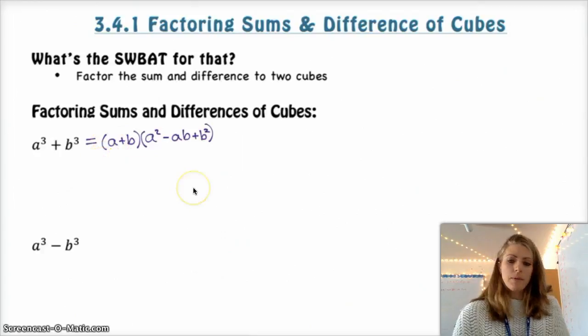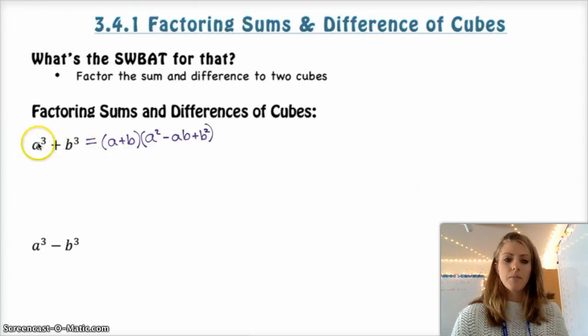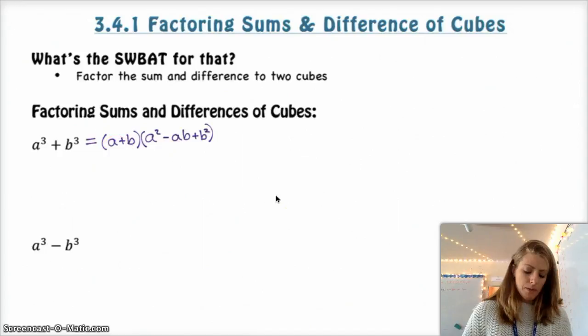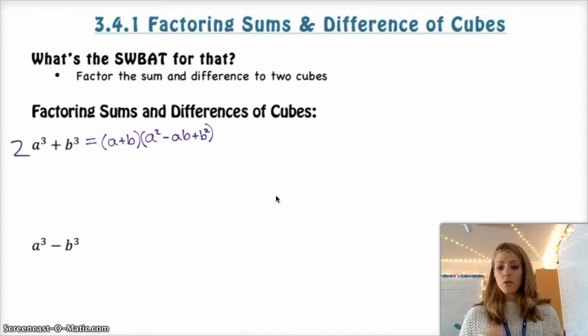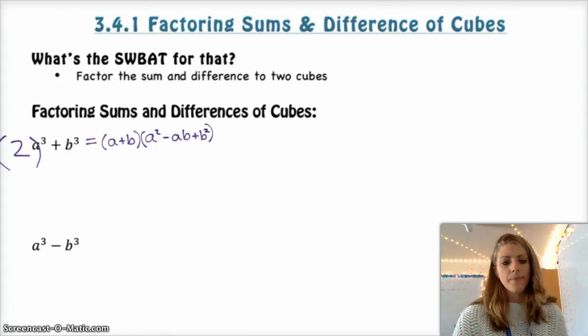Okay, so we'll do a couple examples so it makes a little more sense, but it has to be something cubed and something else cubed. It can't be 2a cubed or something, because that 2 is not cubed. Now if it's 2a cubed, then you can use the formula.